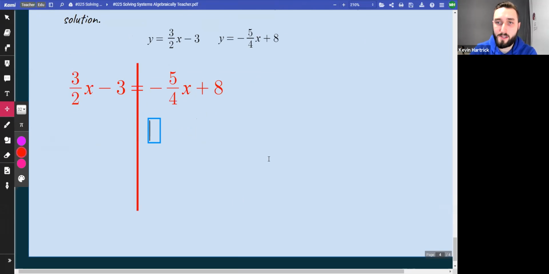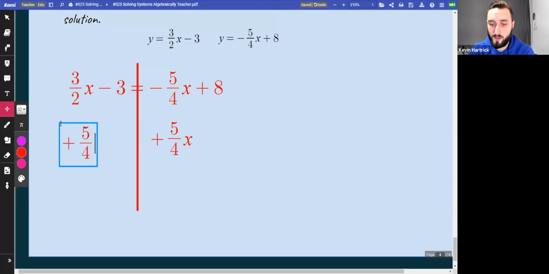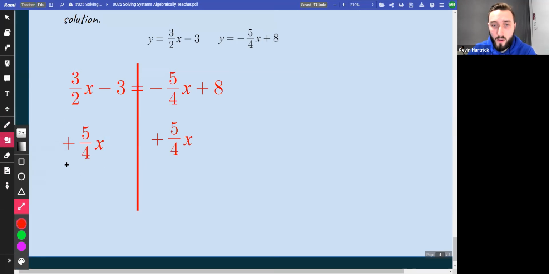I need to do the opposite of minusing 5/4 x, which would be adding 5/4 x, because I want to get rid of the x on the right side. I only want to have x's on one side, preferably on the left. So I'm going to get rid of the one on the right. It also is negative, and it's always nice to get rid of the negative numbers. So I'm going to add 5/4 x to both sides.